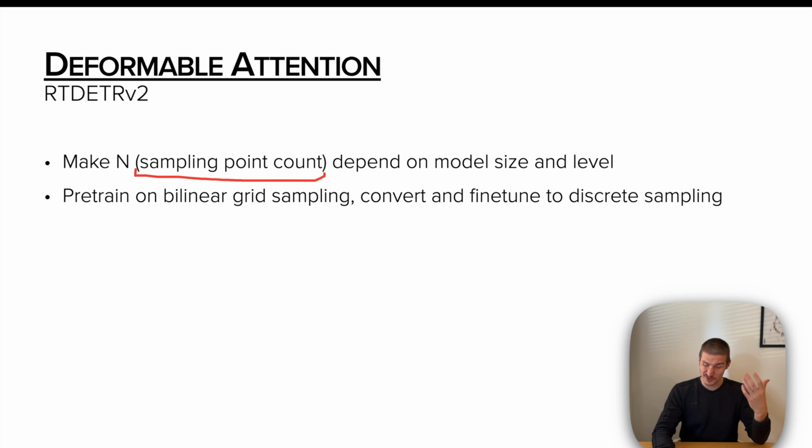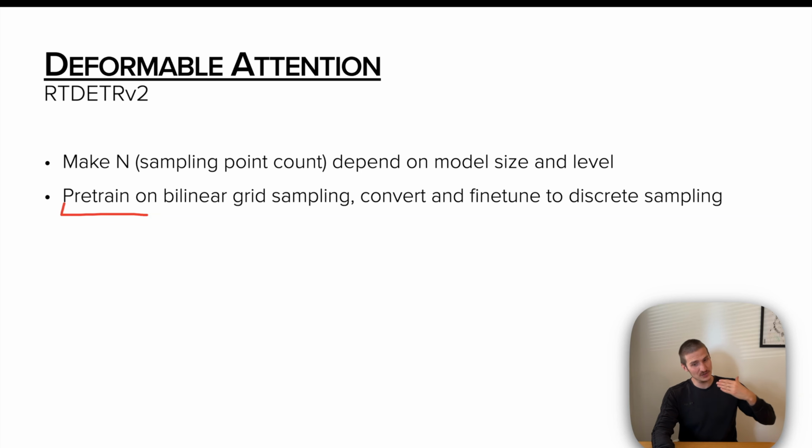But as we'll see from the code, there's no actual dependency on the level. It's just that the actual sampling point count is different for different models. And second is, as we've discussed, we start training with bilinear grid sampling, and then we convert that to discrete sampling, fine-tune for a little bit, and then the final model only uses discrete sampling.